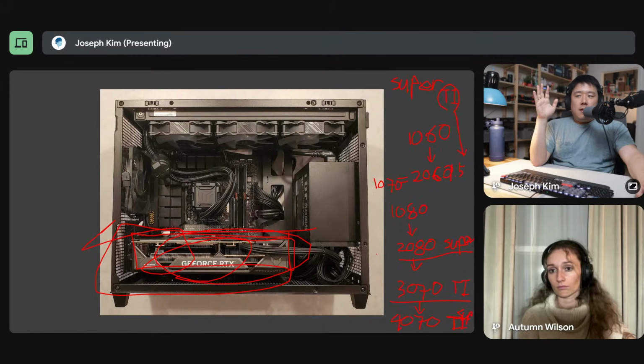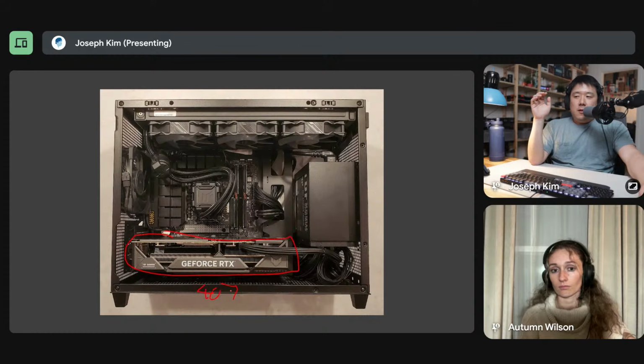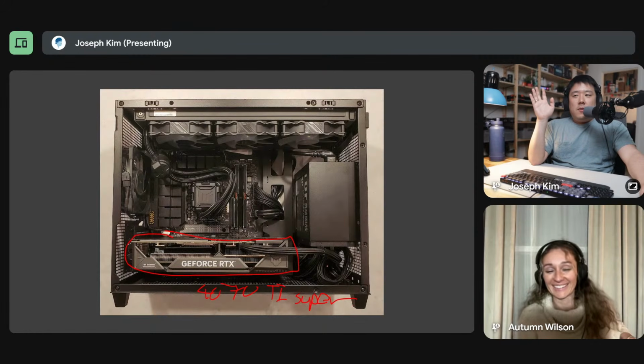And it has really great features, and that's why I have been enjoying my machine in this case. But that's 4070 Ti. That's not the most recent card. Sorry, writing with a mouse is hard. And now they have the 50 series as well.